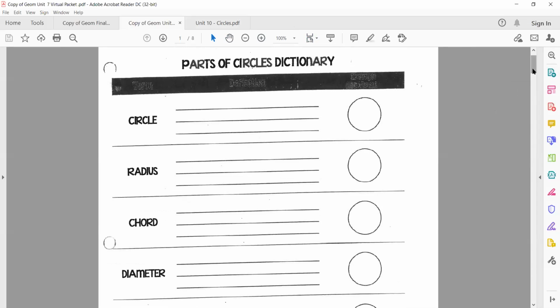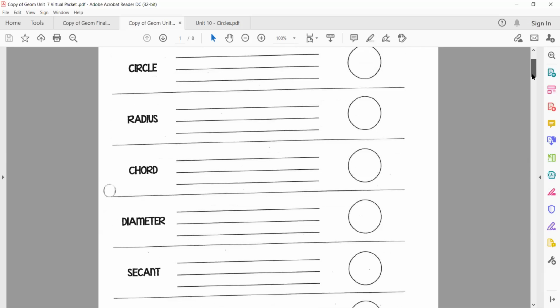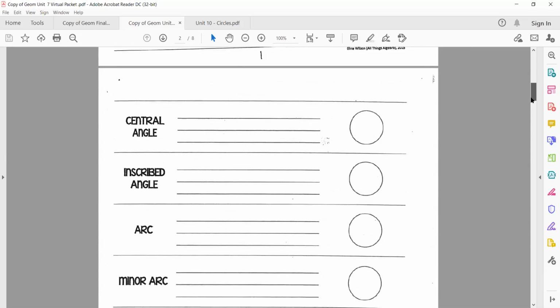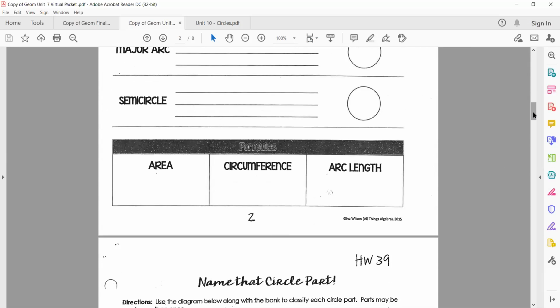If you take some good notes on these, any problem involving circles, you should have no problem dealing with it. We're not going to have to worry about central angle, inscribed angle, that sort of thing. We are going to be dealing with these formulas. Area is pi r squared. Circumference is a little different: it's 2 pi r, or diameter times pi.